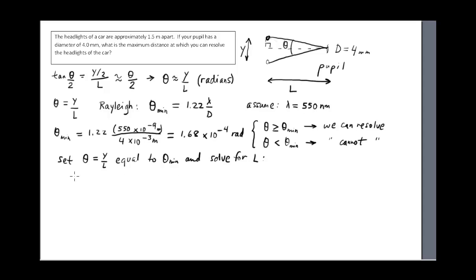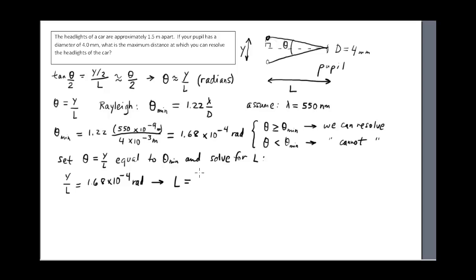So we got y over L is equal to 1.68 times 10 to the minus 4 radians. Solving for L gives L equals, of course, just y divided by 1.68.